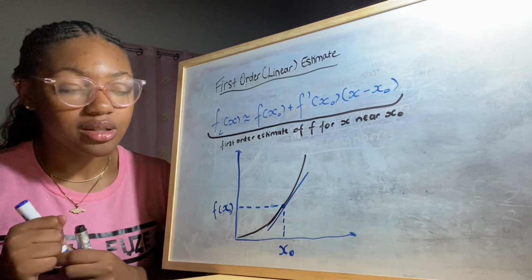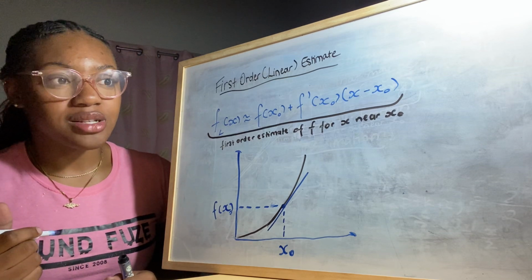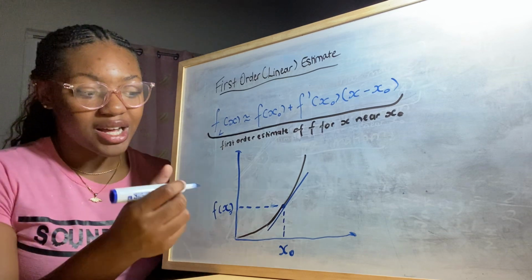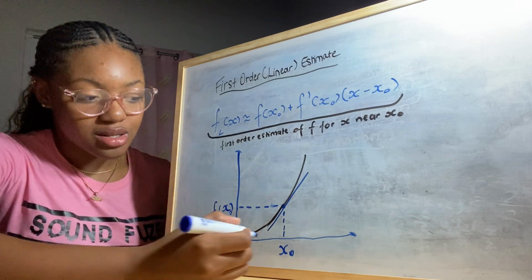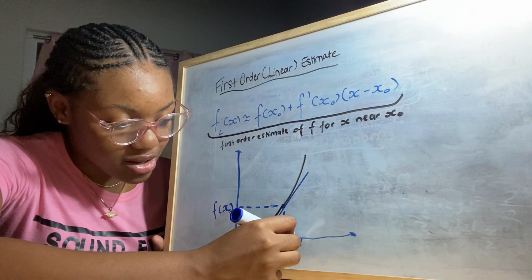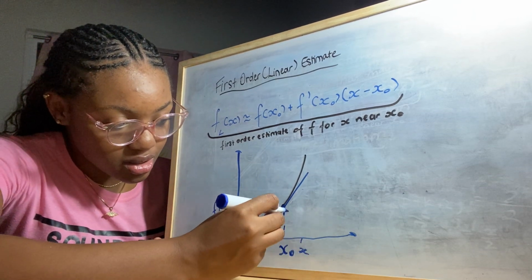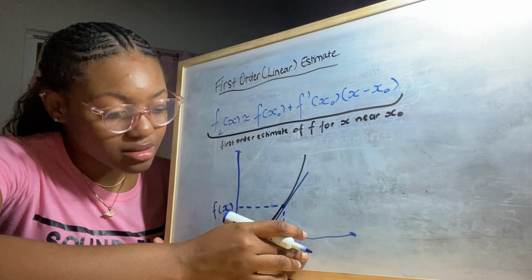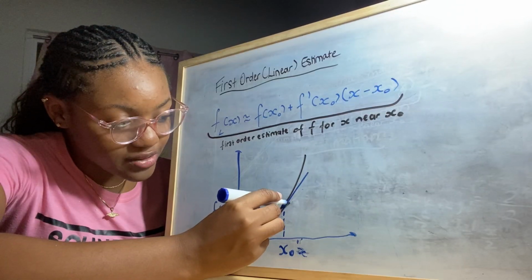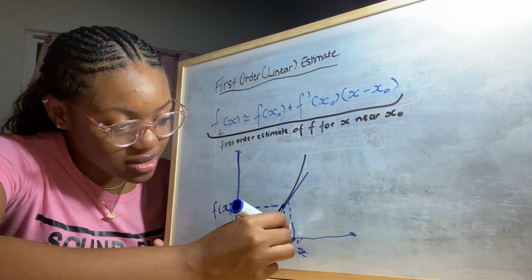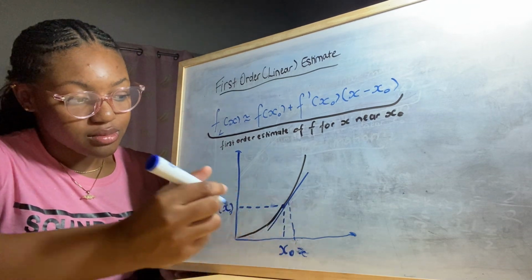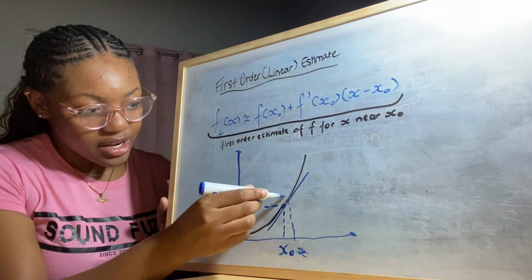Those are the coordinates. If we want to consider some x value that is really close to x naught, let's call that x. Some x value that is really close to x naught, like it's right here, basically.